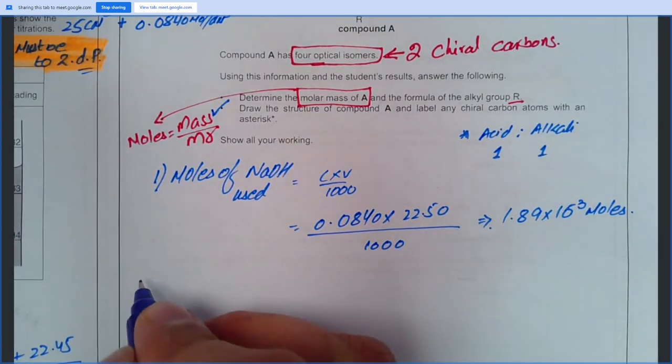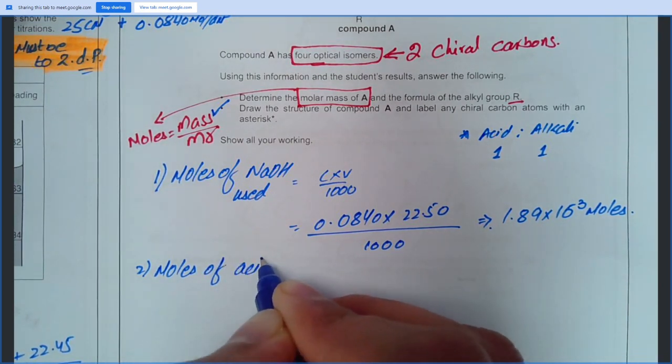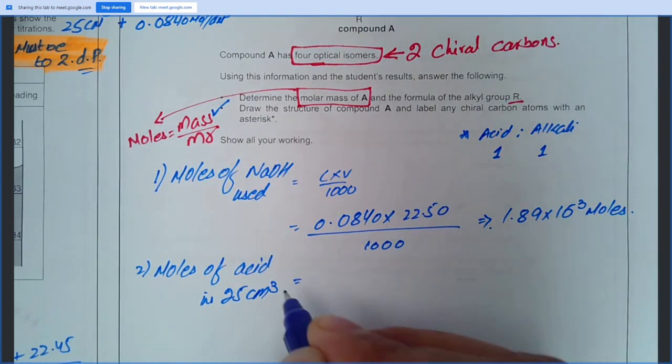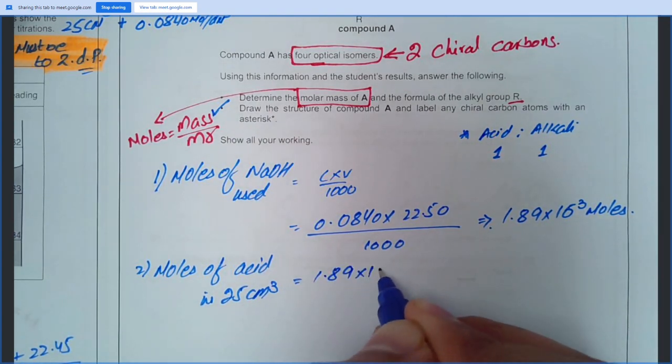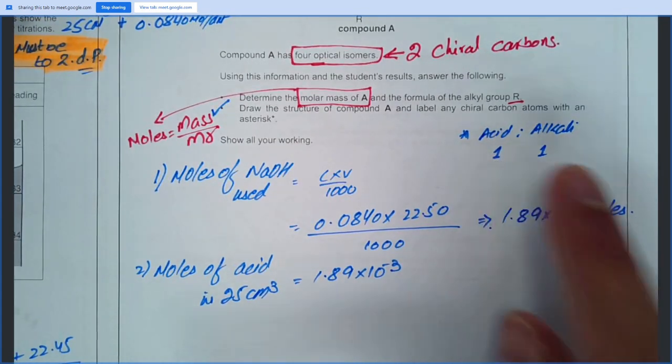Number 2, moles of acid in 25 centimeter cube will also be the same, 1.89 times 10 to the power of minus 3. How do I know this? Because the mole ratio for acid and alkali is 1 to 1.